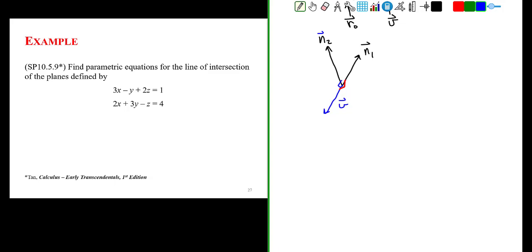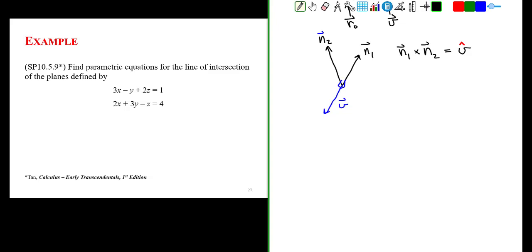Since both normal vectors are perpendicular to that line of intersection, what if we evaluated the cross product between the two? Remember, the cross product between two vectors yields a third vector that's perpendicular to the first two vectors. So if we take the cross product of n1, cross it with n2, that is going to give us a vector in the direction of vector v.